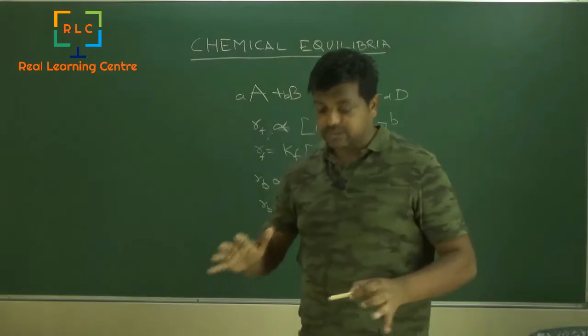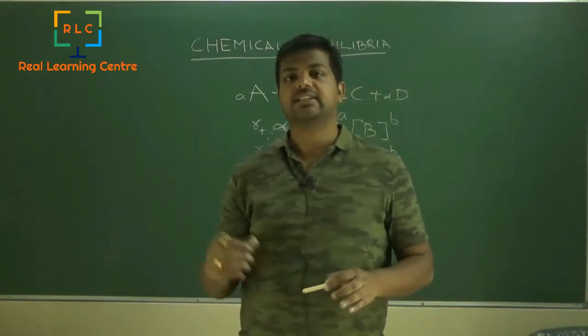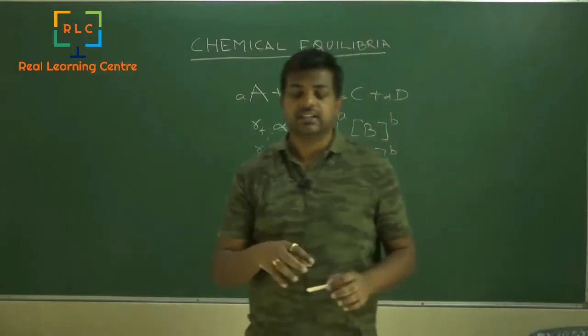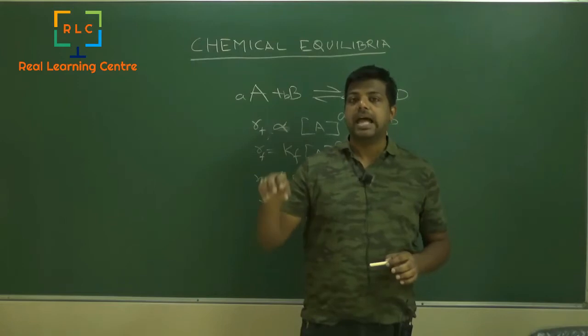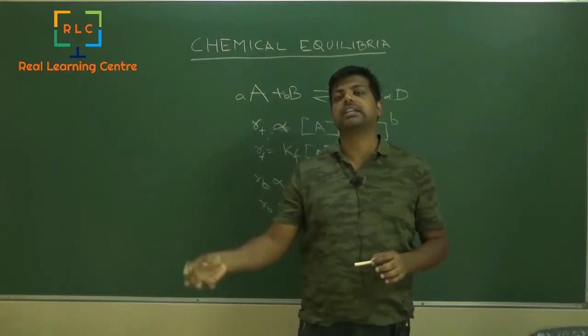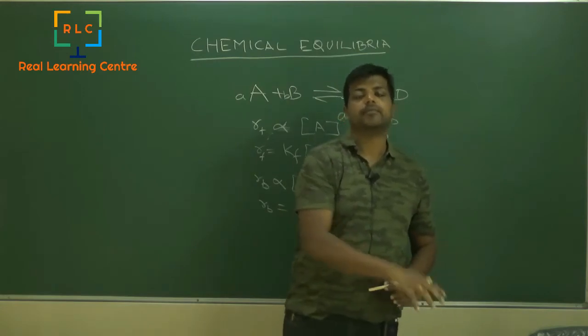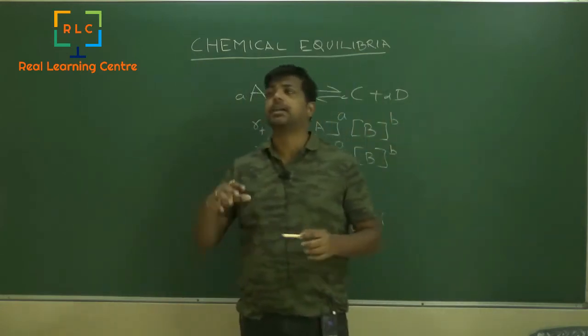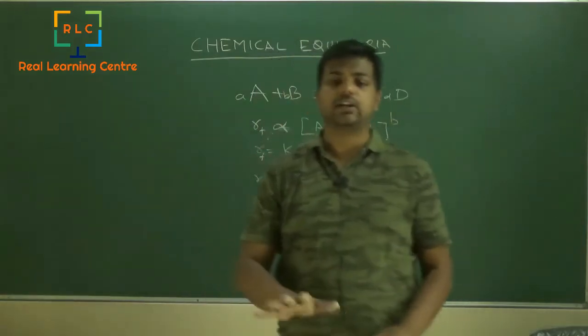Now, we say it is an equilibrium if the rate of the forward reaction is equal to the rate of the backward reaction. That means the speed at which the products are getting formed is the same as the speed at which the products are disintegrating into reactants again. For example, let's say that at a certain temperature, ice and water are at equilibrium.